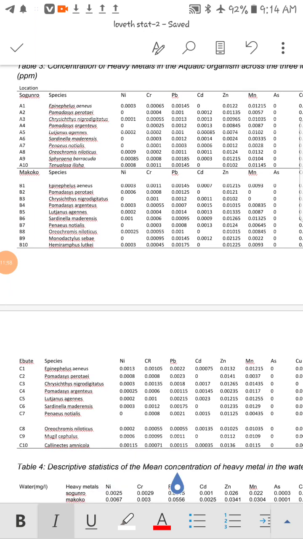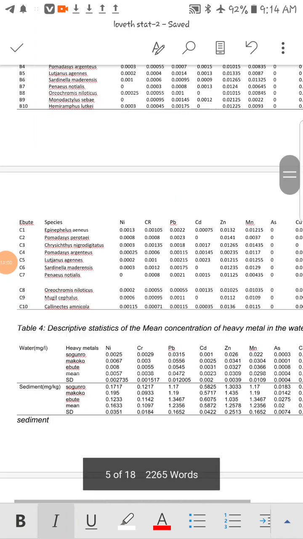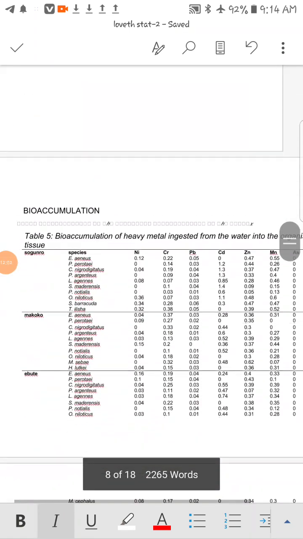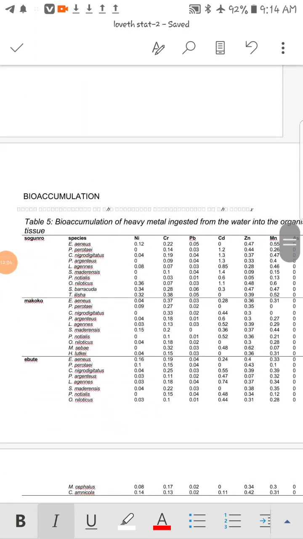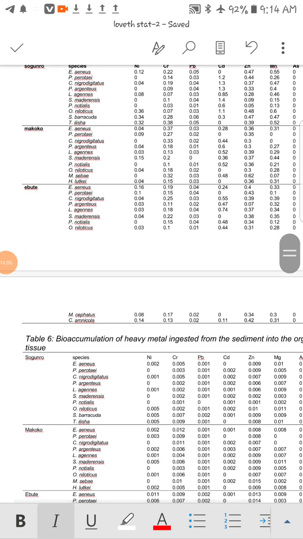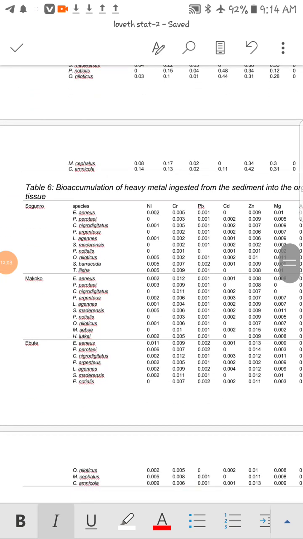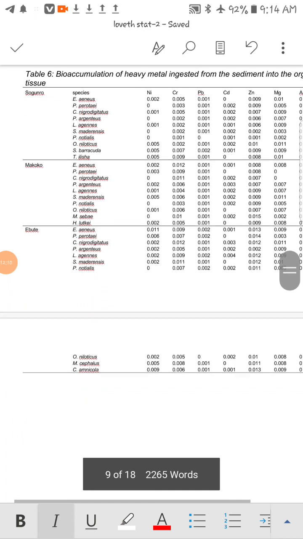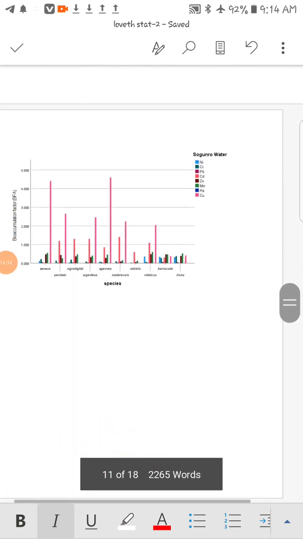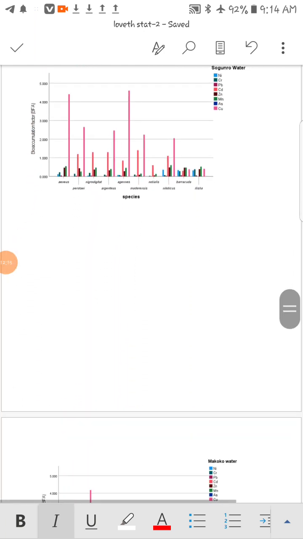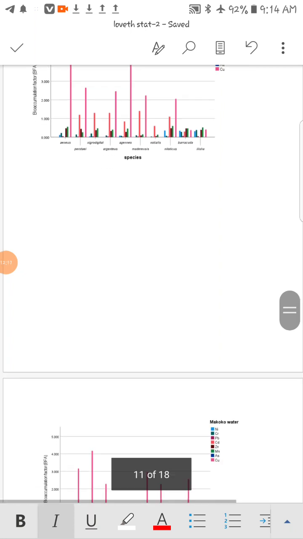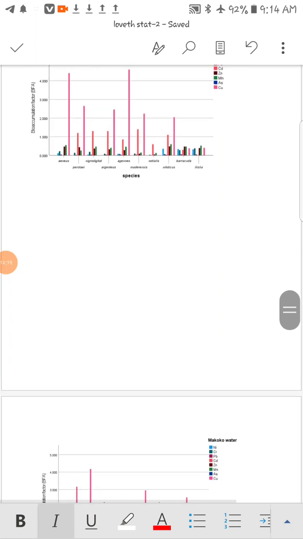So when you get that, you get those values that are bioaccumulated here. You get all those values as your bioaccumulation figure. Then you also do the same for the sediment. Now these are the bar charts for the bioaccumulation, showing the organisms and the 8 metals in them.